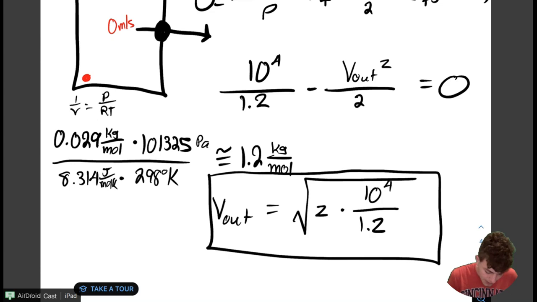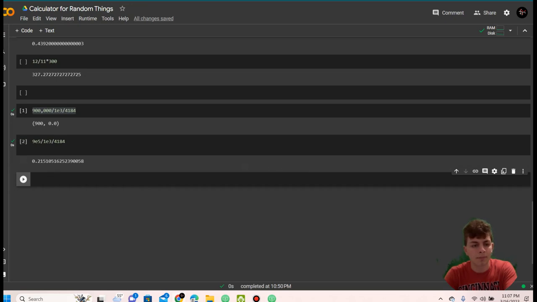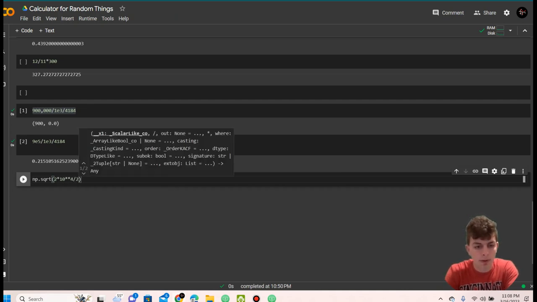And here is the expression I'm going to go ahead and plug into my calculator here. Let's do this. So np dot square root 2 times 10 to the 4th power over 2.